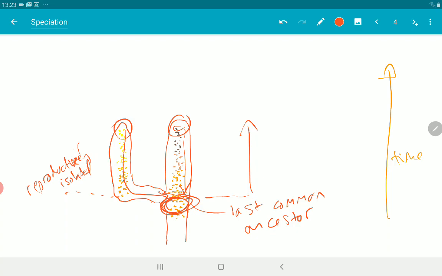All right? So what happened here to reproductively isolate them? Well, there can be lots of different things. The obvious things would be like us moving a load of animals from one place to another. Well, that'll do it. But plate tectonics happens, oceans go up and down, sea levels mean that the land becomes covered and then uncovered.